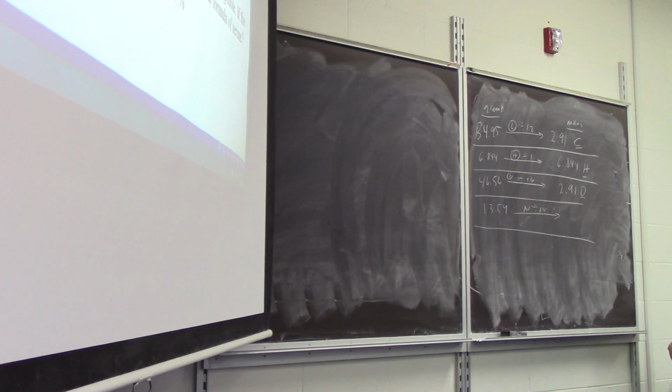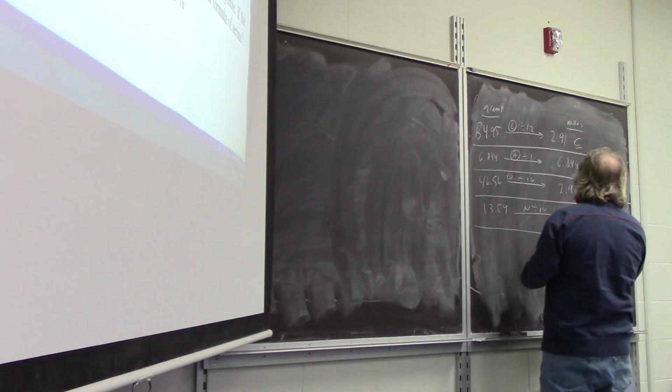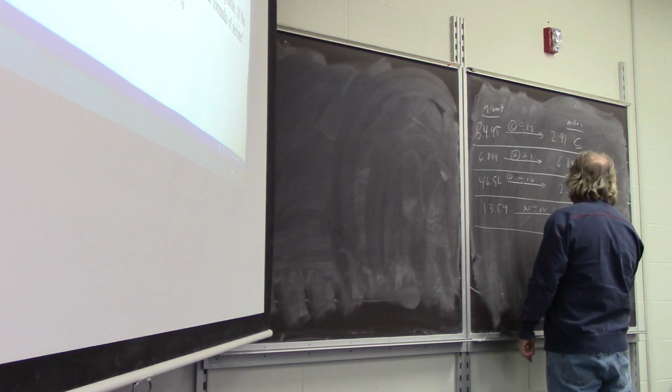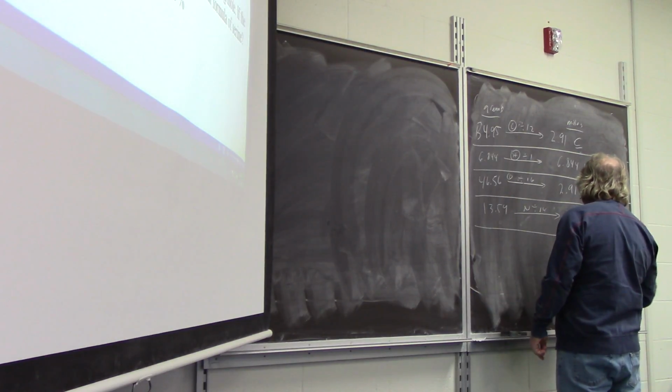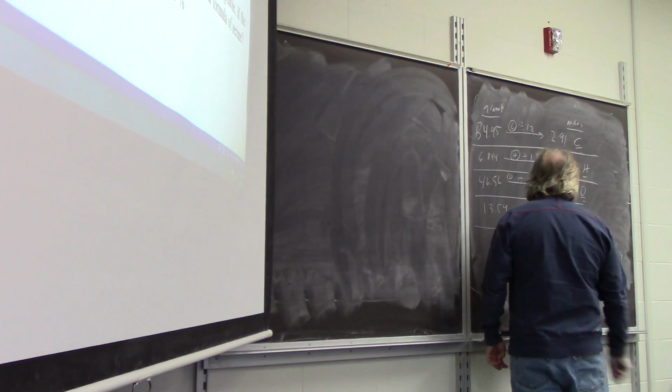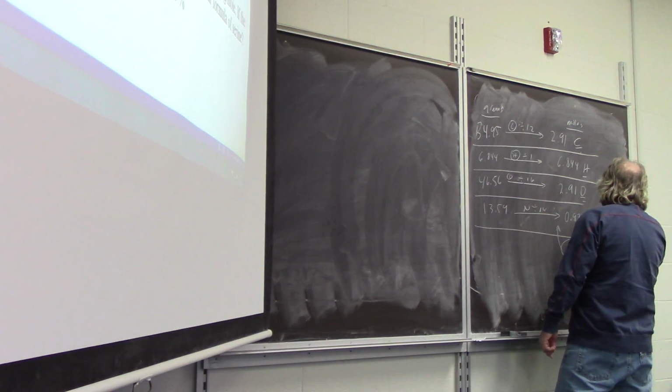And then 13.59 divided by 14 is 0.971. Okay, divide each one of them by 0.971, because it's the smallest number. You get 1 nitrogen.